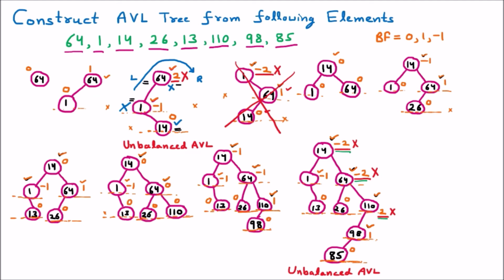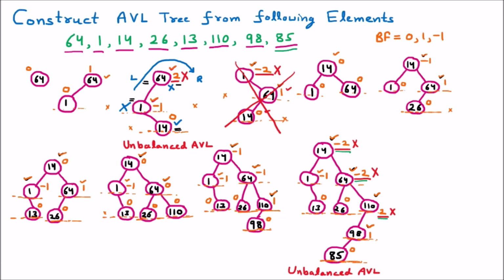The formula is that we have to find that corrupted node which is the main one, and with that corrupted node we will apply the rotation. Now out of these 3 we have to find one. So the formula says that we have to see the inserted node, and we know that the inserted node is node 85. So 85 is the inserted node.